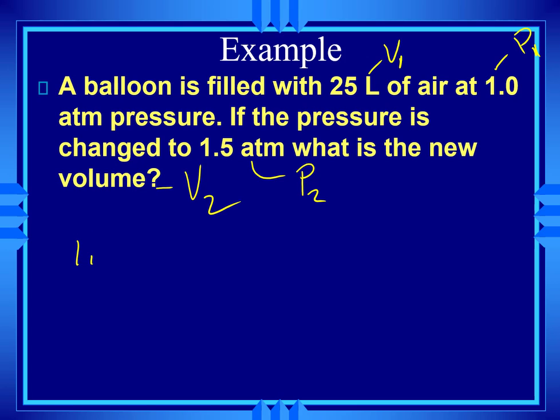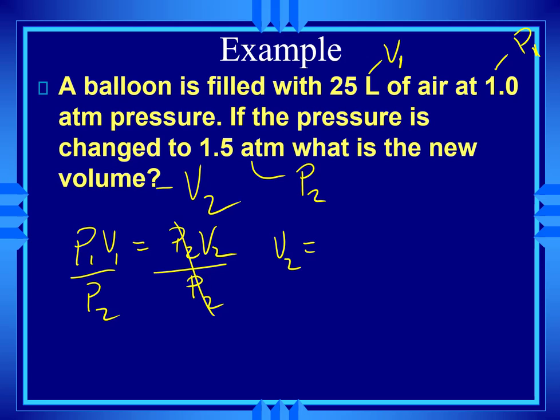This one's going to be easier to solve because there's nothing on the bottom. Charles' law was tough because there was something on the bottom, and sometimes you had to solve for the bottom one. Here, everything's up top to start with. So I want V2, so I need to divide both sides by P2.